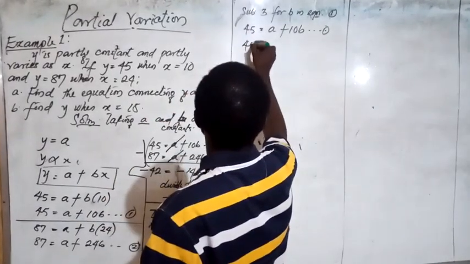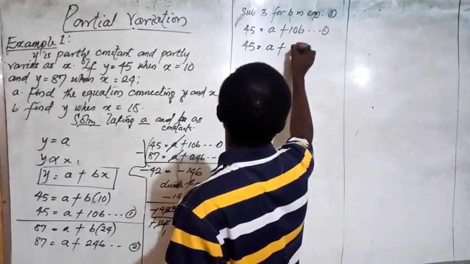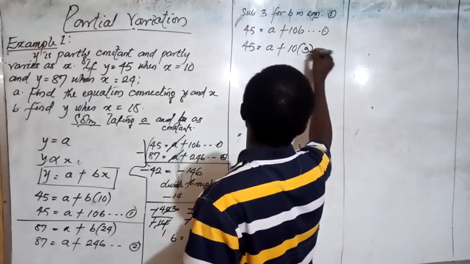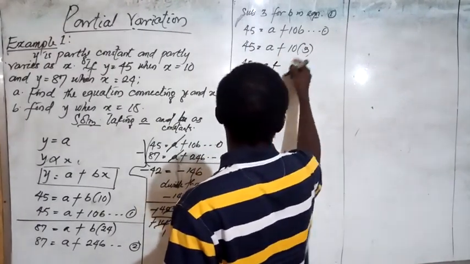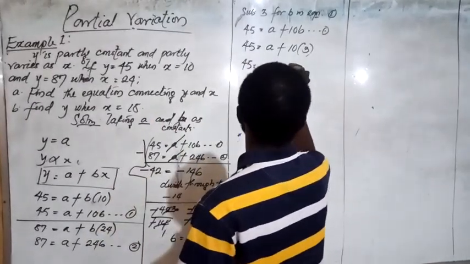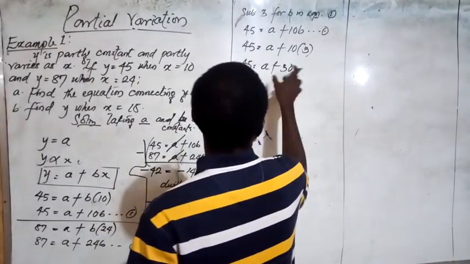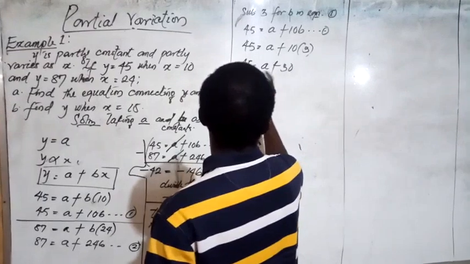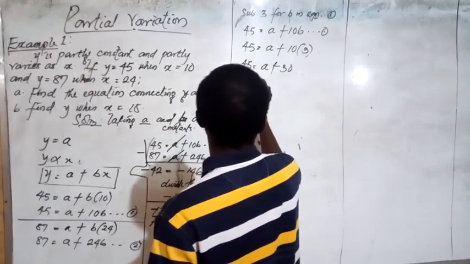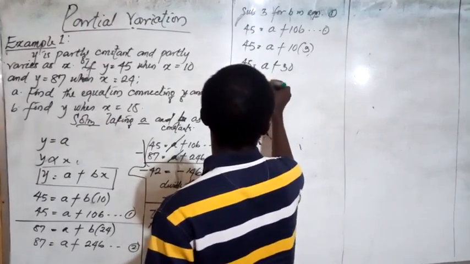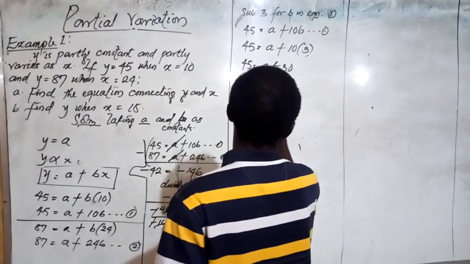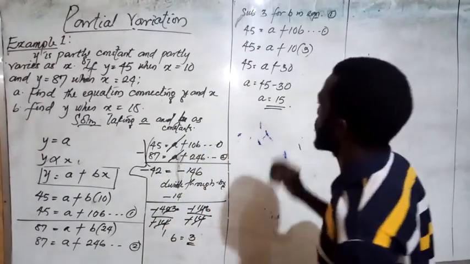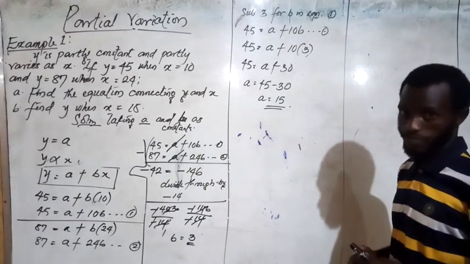So we have 45 equals a plus 10 into bracket 3. So 45 will be equal to a plus 10 by 3, which is 30. Then we bring this one over and collect like terms. So a will be equal to 45 minus 30, so a will be equal to 15. And that is the value of our second constant.